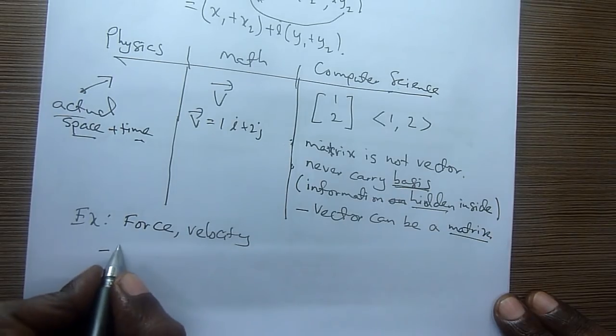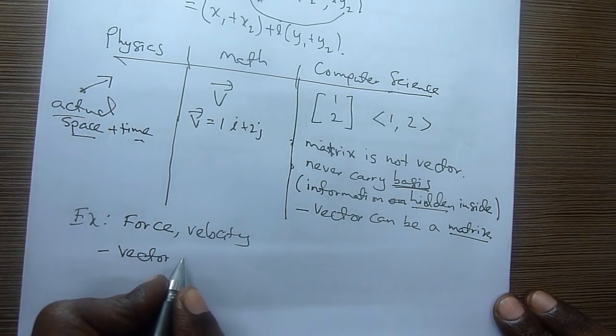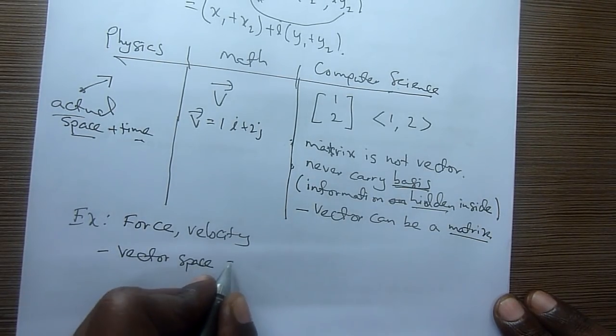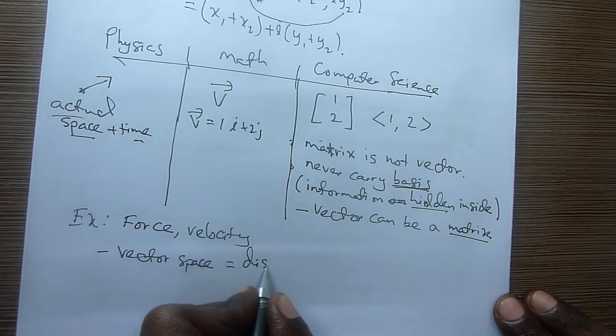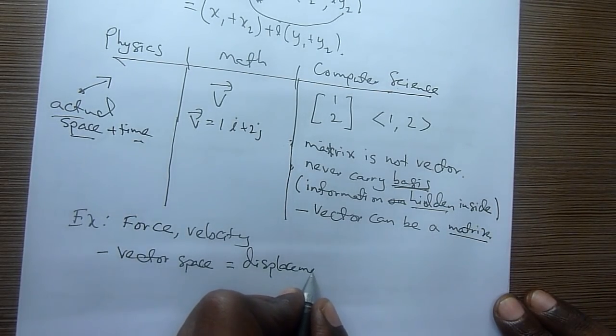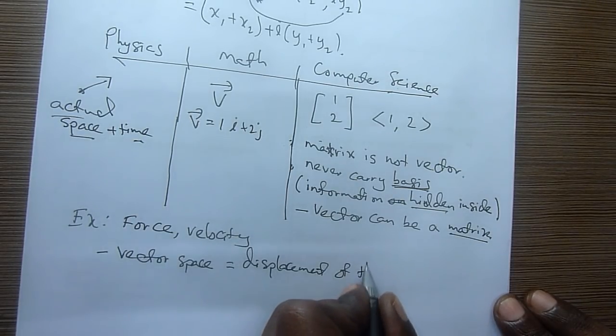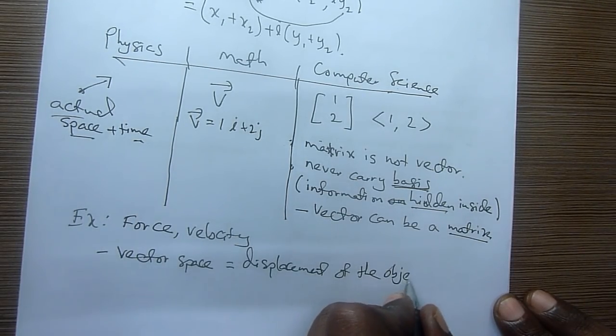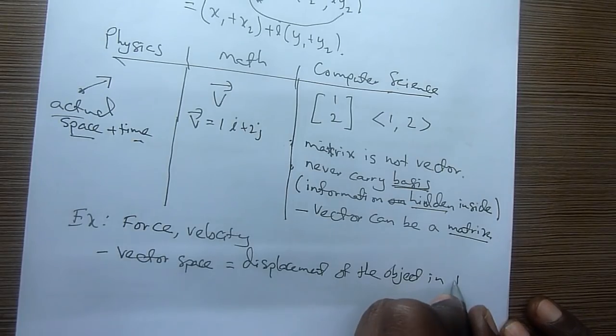Vector space basically is a displacement of the object in the plane.